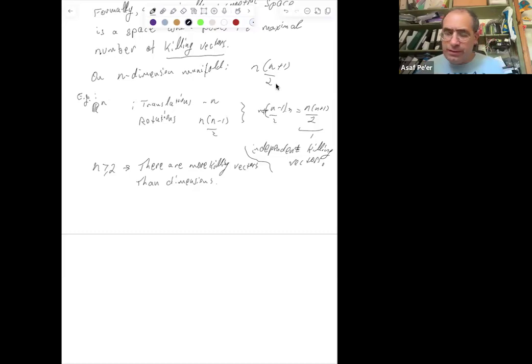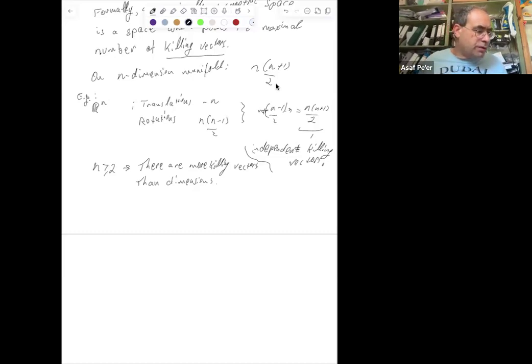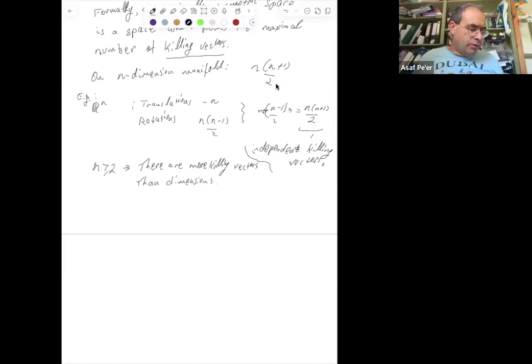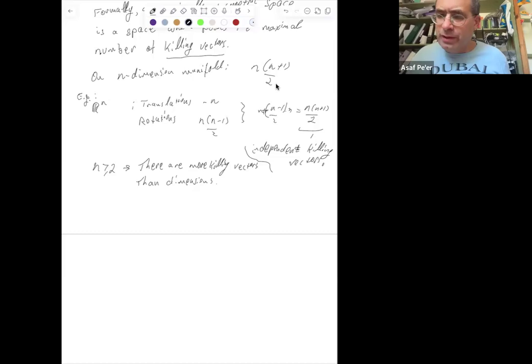Okay, so in order to proceed, this is the mathematical part that I promised you. I want to derive the metric. I'm going to spend the next half an hour or so being more mathematical.